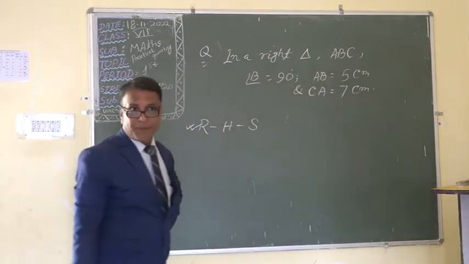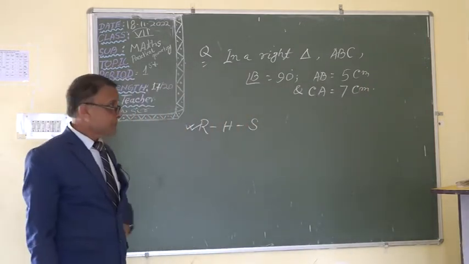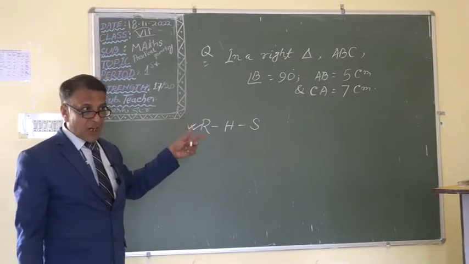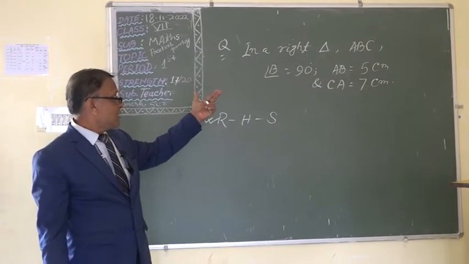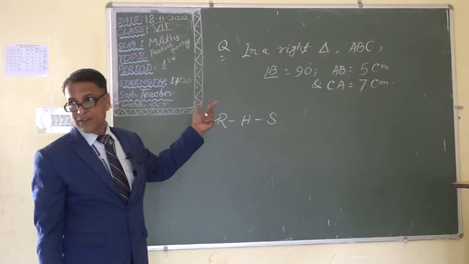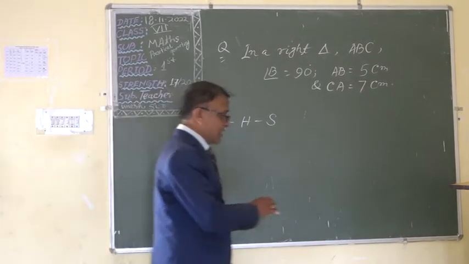These are the data given to us. We will construct a right angle triangle whose angle B is equal to 90 and all other things are given.